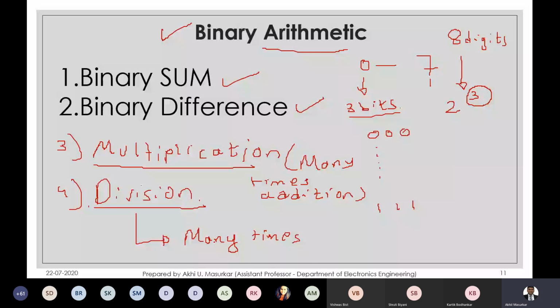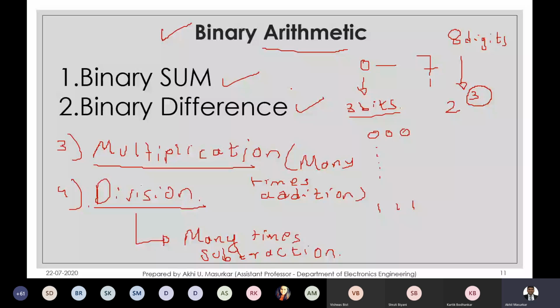So that is why we are looking at sum and difference, and all the circuits are based on that. If you are looking at a multiplier, it will have many adders. If you are looking at division, even that will have adders.